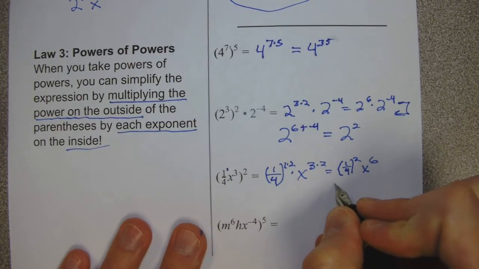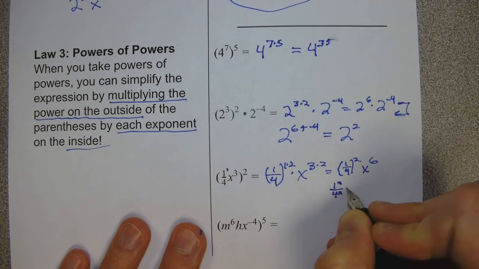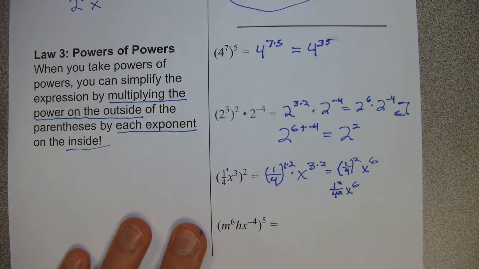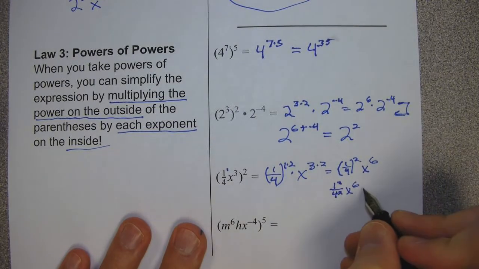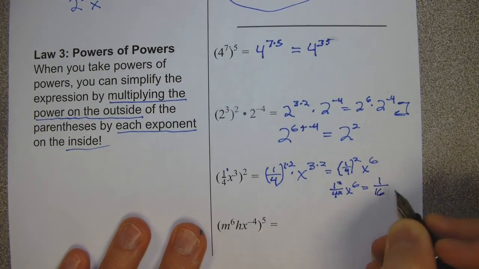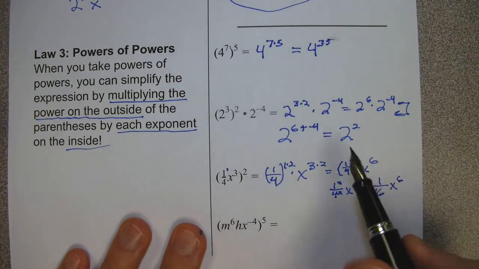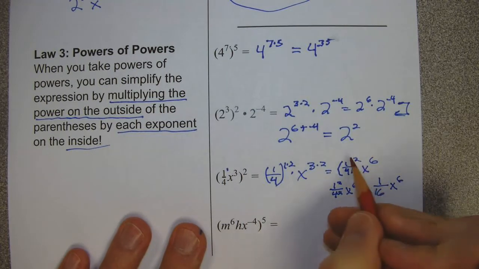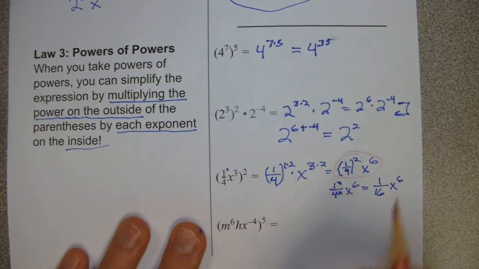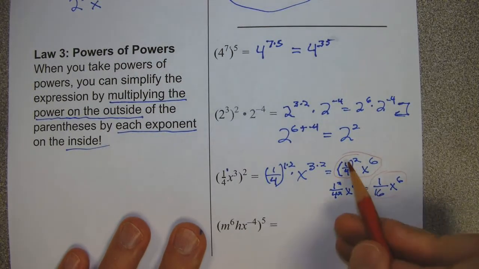You could either write it as 1 to the 2nd over 4 to the 2nd, x to the 6th, or they'd want you to go ahead and work that out to make it 1/4 squared, so that's 1/16 x to the 6th. Personally, I like either this first version with a set of parentheses, or this last version without the parentheses and simplifying out.